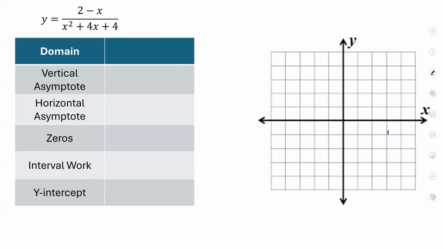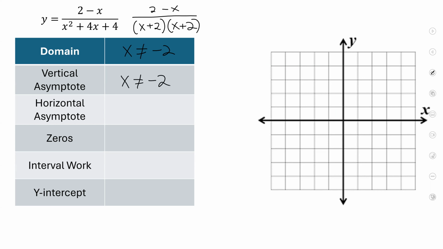In order to find the domain, just to make it easier, I'm going to factor the denominator to be x plus 2 and x plus 2. That means a negative 2 would give me a 0 in the denominator, so my vertical asymptote is at negative 2.